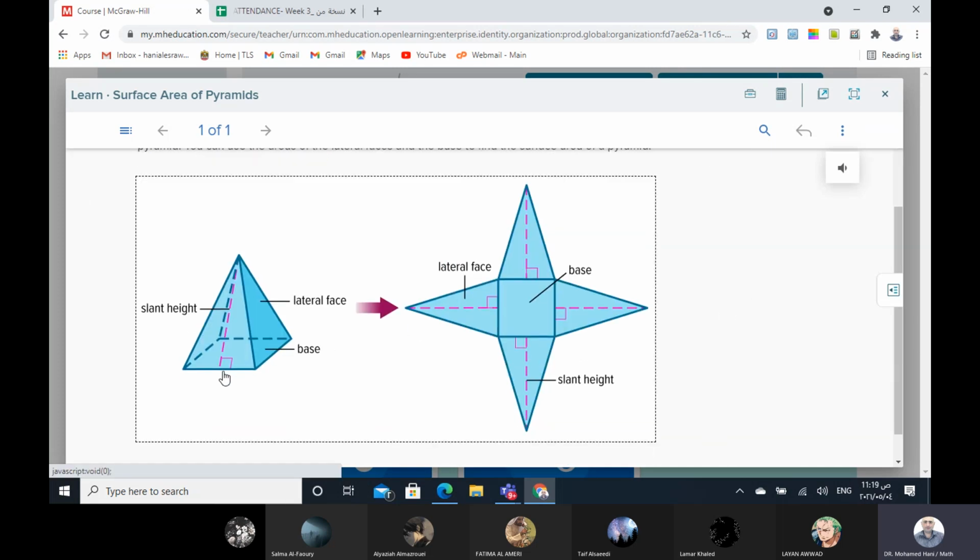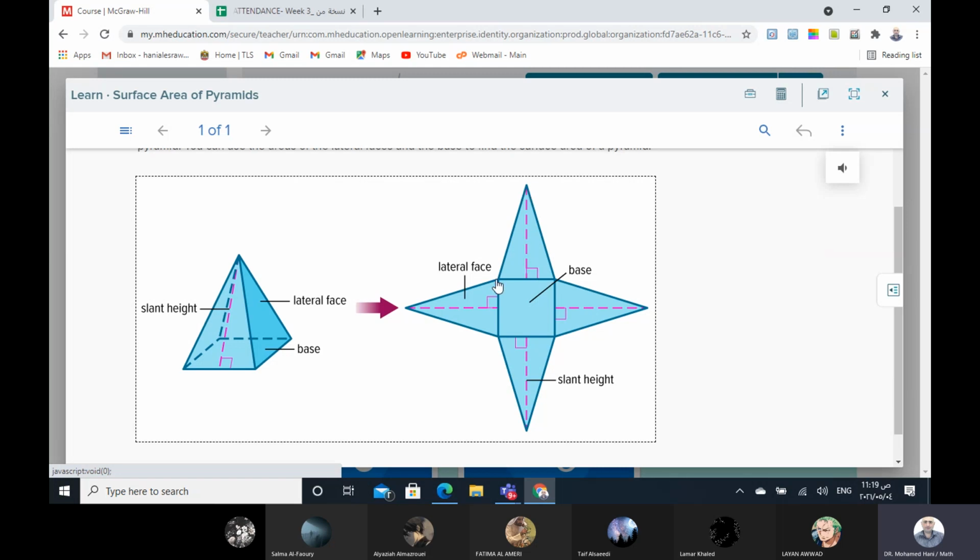Okay, this is the pyramid. And this is the net. The base of the pyramid, as you see here, is a square. And as you remember, the square is a regular polygon, meaning it has 4 equal sides and 4 equal angles. When the pyramid has a regular polygon base, we have congruent faces.